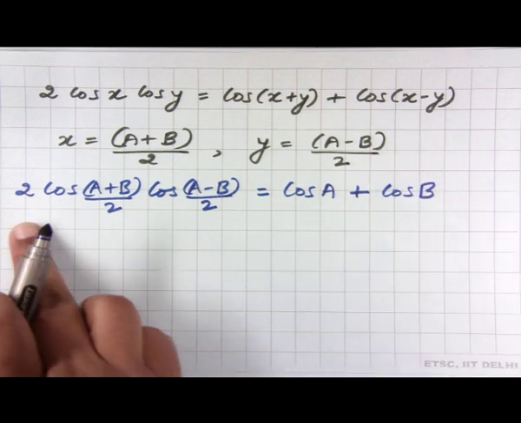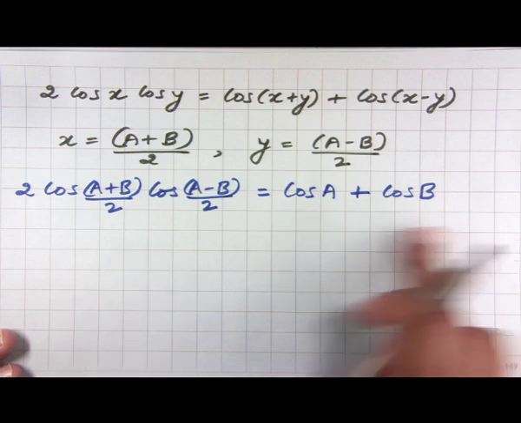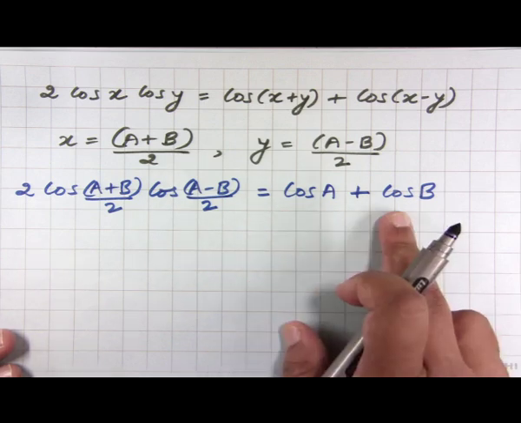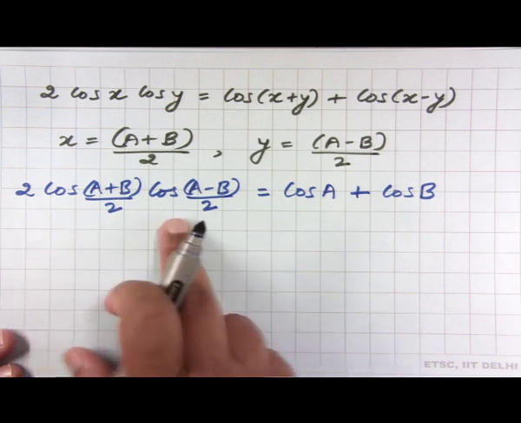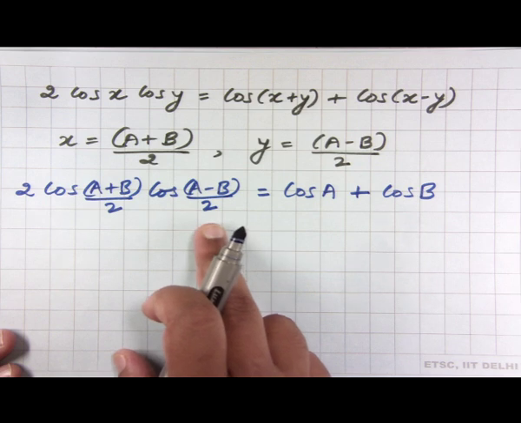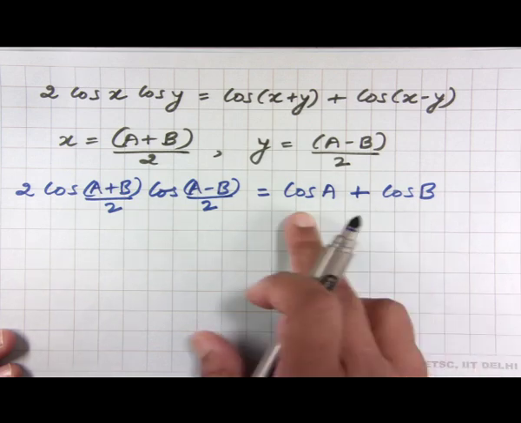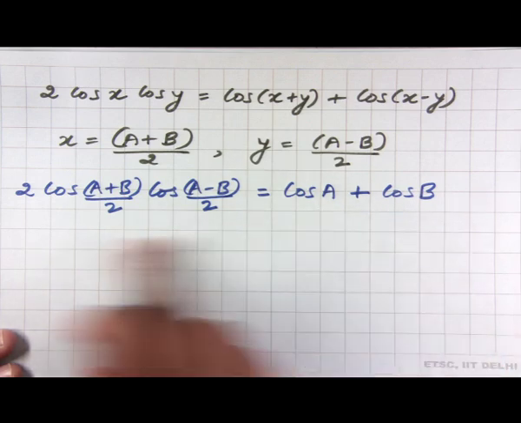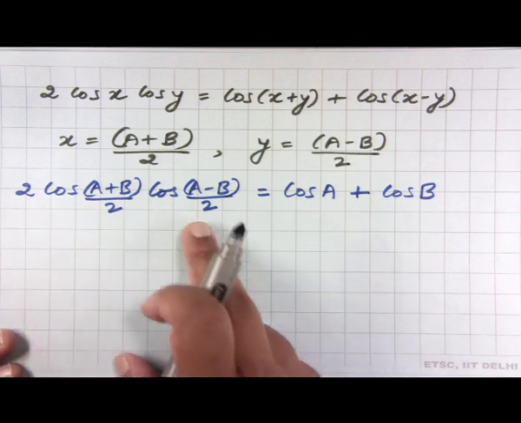So, this formula actually gives you a way of converting sum of two cosines into product of two cosines of half of the sum and half of the difference. So, for any angles a and b, cos a plus cos b is 2 times cosine of (a plus b) by 2 times cosine of (a minus b) by 2.